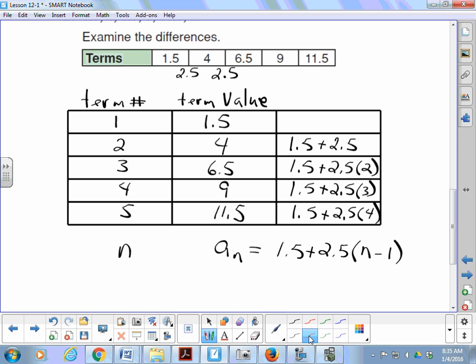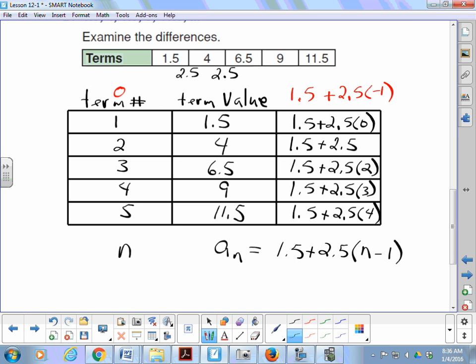So if we actually put in here, all right, let's say there's a term 0. Well, if I'm adding 2.5 each time to go up, to go down we would have to do what? Subtract 2.5. So this would actually be 1.5 plus 2.5 times negative 1. Right? Because this one here would be 1.5 plus 2.5 times 0.